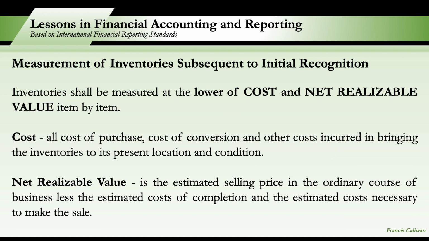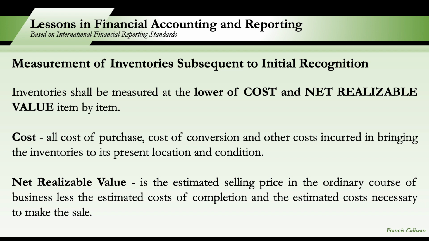Inventories in the statement of financial position should be measured at the lower of cost and net realizable value. So whichever is lower between cost and NRV will be the valuation for our inventories at the end of the accounting period in the statement of financial position.